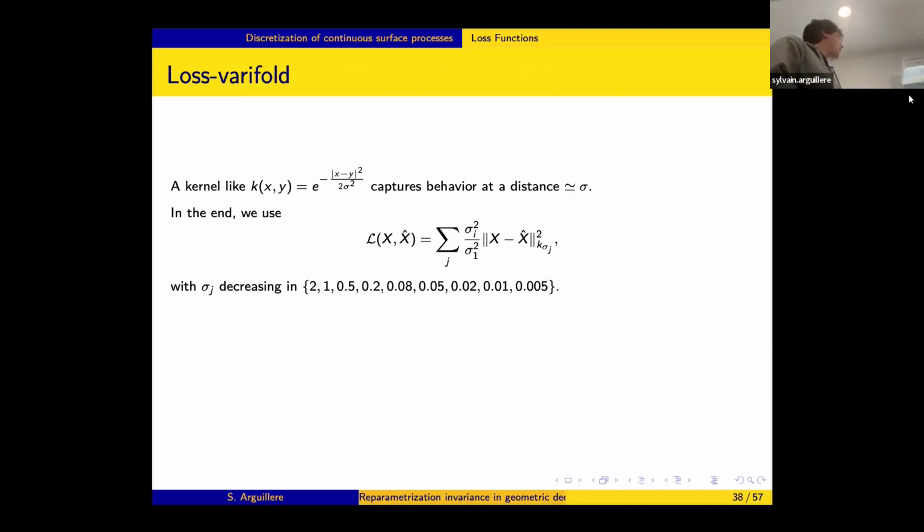That's what you use as a loss function, and that way you get something very robust to remeshing. You can show it mathematically and test it numerically, and usually it works.